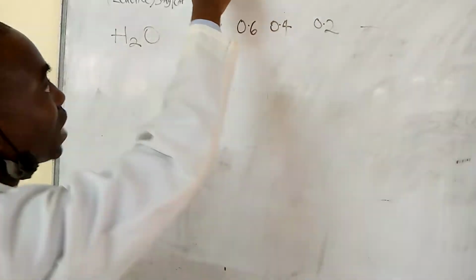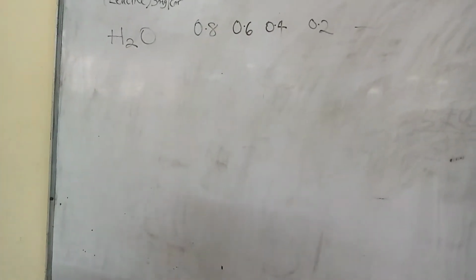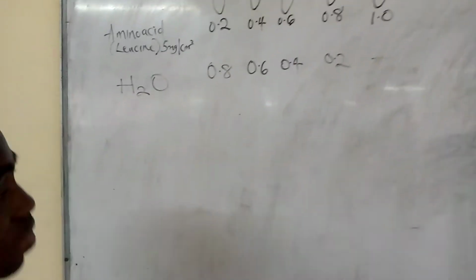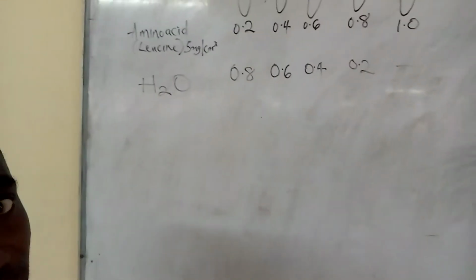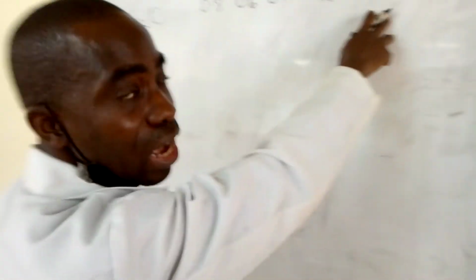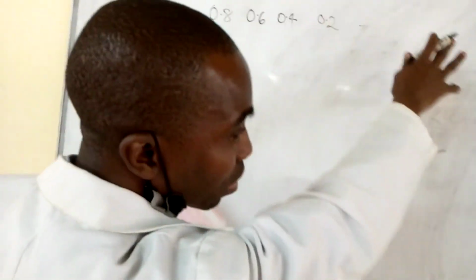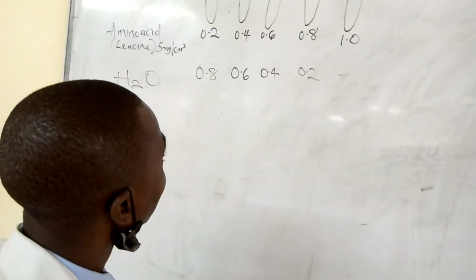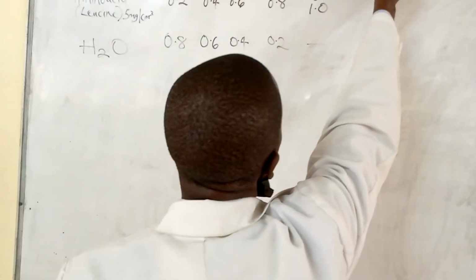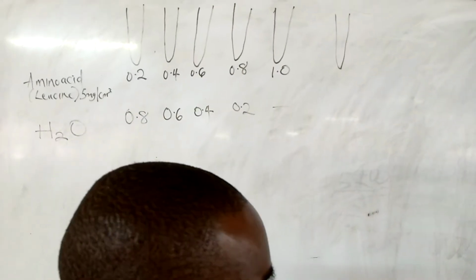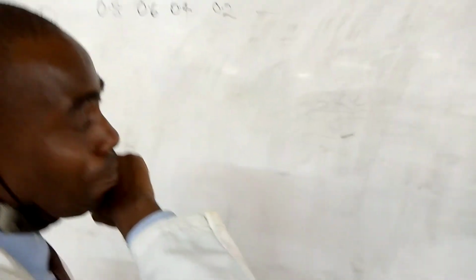So we see that we make each tube up to 1 mil. And this is what we call serial dilution in biochemistry. And then, of course, we have another tube, which is the tube of the unknown that you have been asked to estimate the amount or the concentration of the amino acid.